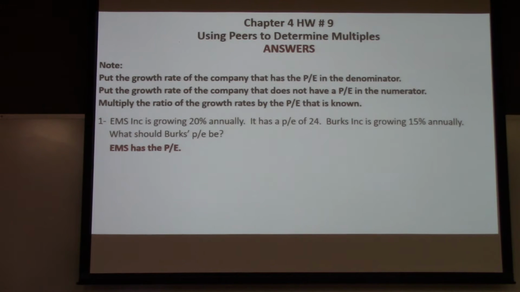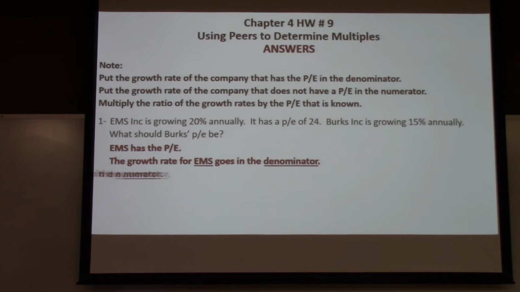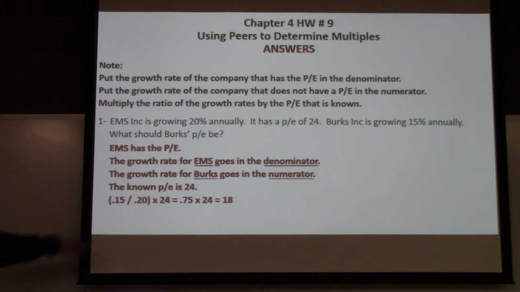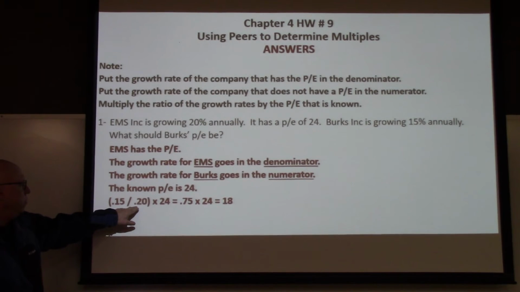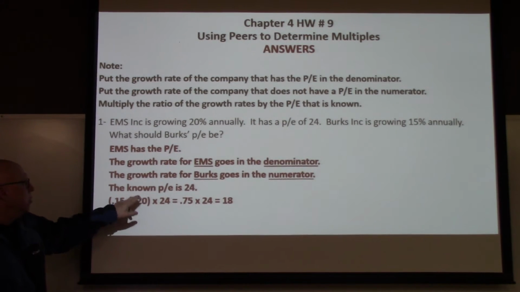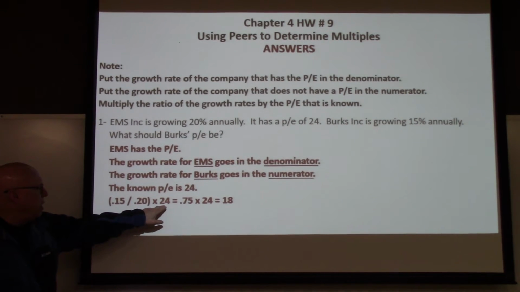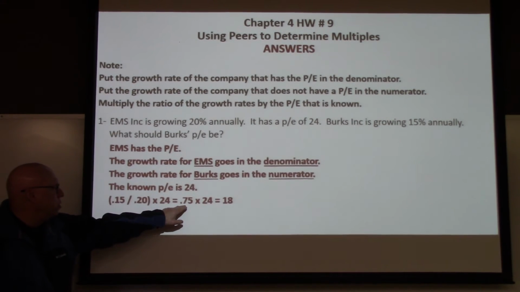So as I said, EMS Inc. has the PE. So the growth rate for EMS goes in the denominator. Then the growth rate for Berks goes in the numerator. Then we'll find that ratio and multiply it by the known PE of 24. And so the growth rate of Berks divided by the growth rate of EMS, and then we multiply that by the PE, and we get 0.75.